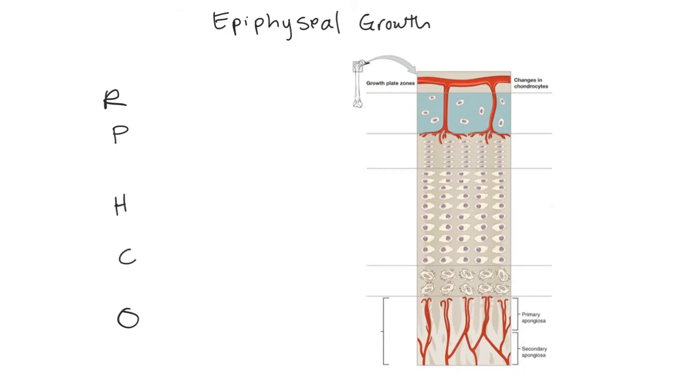The first is the reserve zone. And so this is just mature cartilage, hyaline.